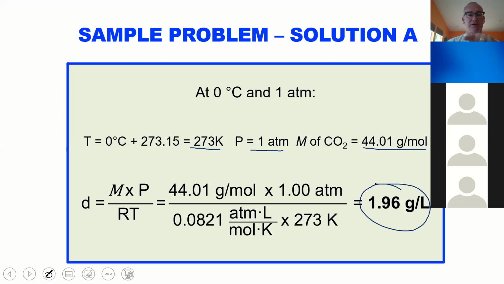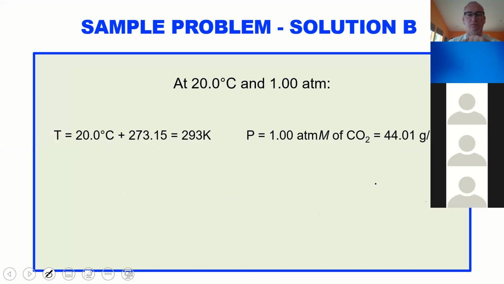But if we change the temperature to 293, now we've increased our temperature. How's that going to change our density? Instead of doing the entire equation, you could also do it another way.